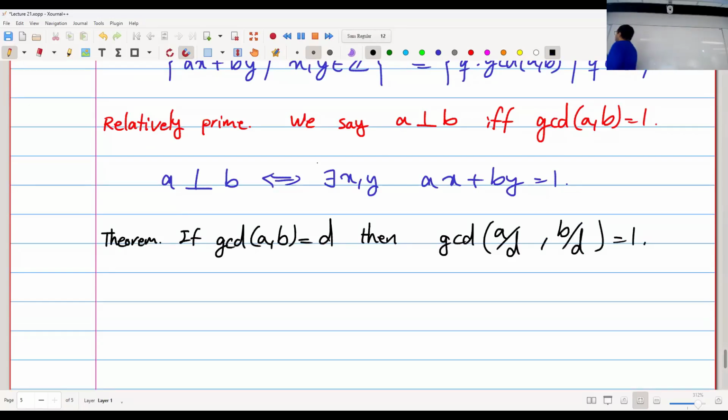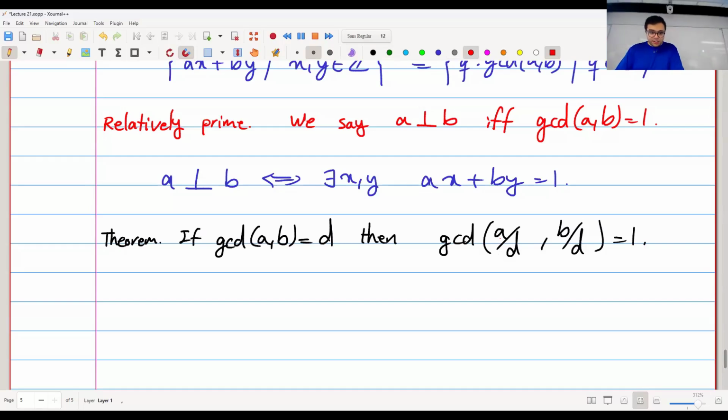And by the way, I'm using division here, but this is still working with integers because I know that D is a divisor of A. So A over D is going to be just another integer.